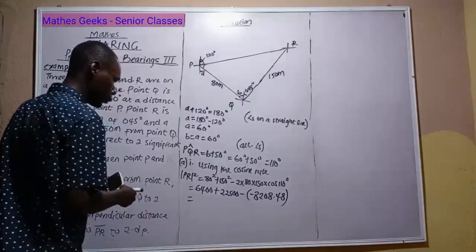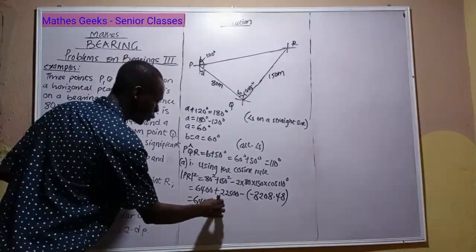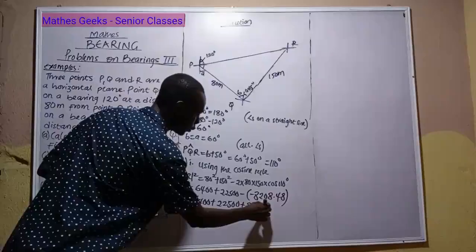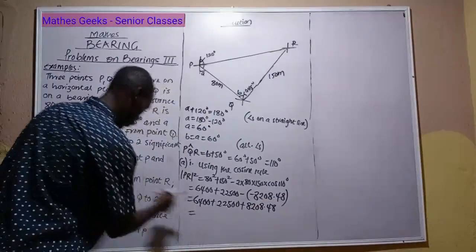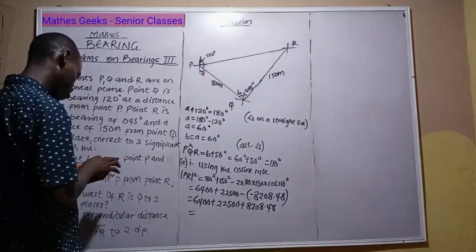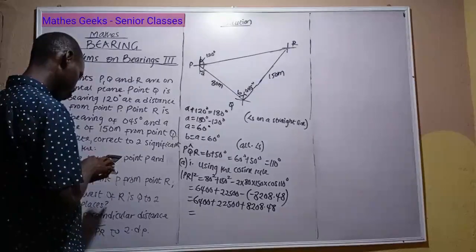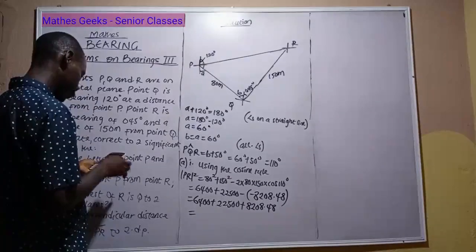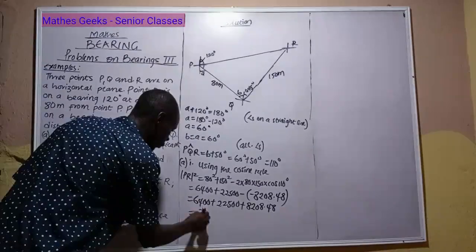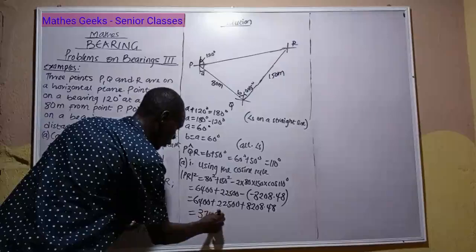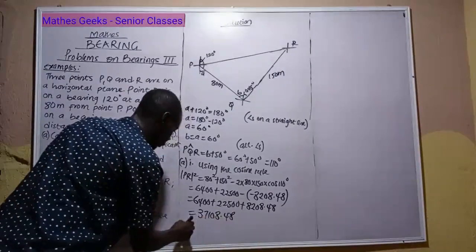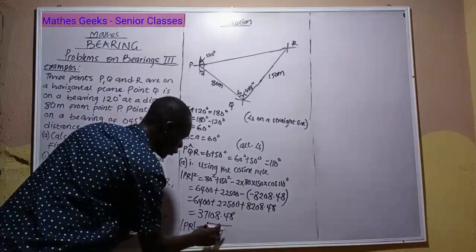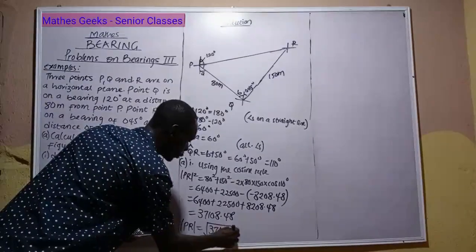So this gives 6,400 plus 22,500 plus 8208.48, and that will give us 37,108.48. So line PR is equal to the square root of 37,108.48.